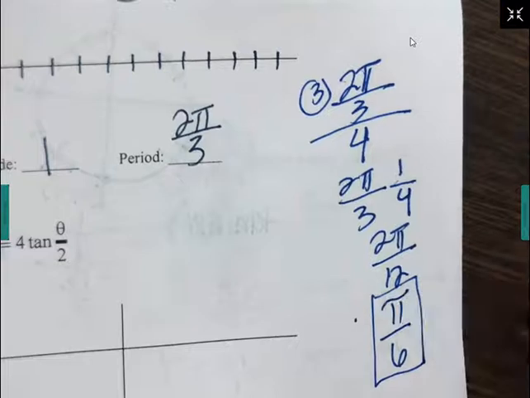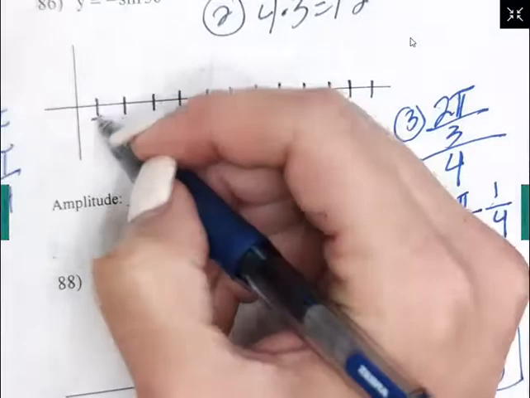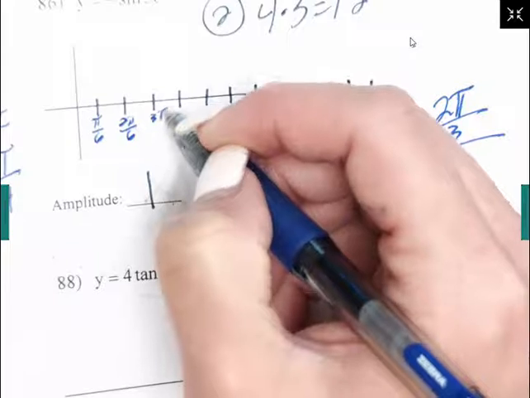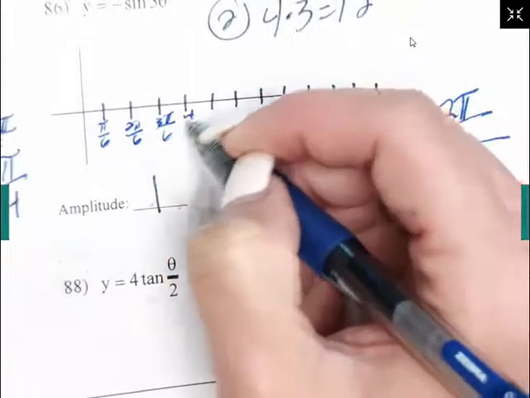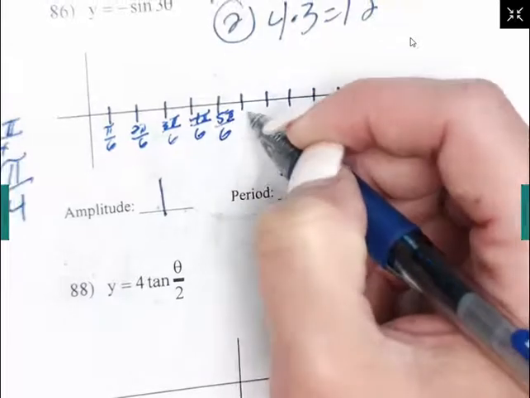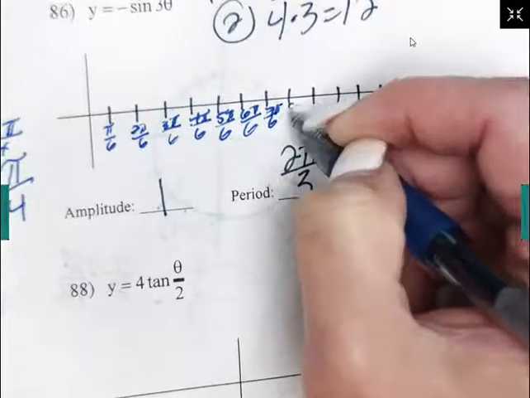So we're counting by pi over 6s, okay? Are y'all cool with that? This is 1 pi over 6, 2 pi over 6, 3 pi over 6, 4 pi over 6, 5 pi over 6, 6 pi over 6, 7 pi over 6, 8 pi over 6.